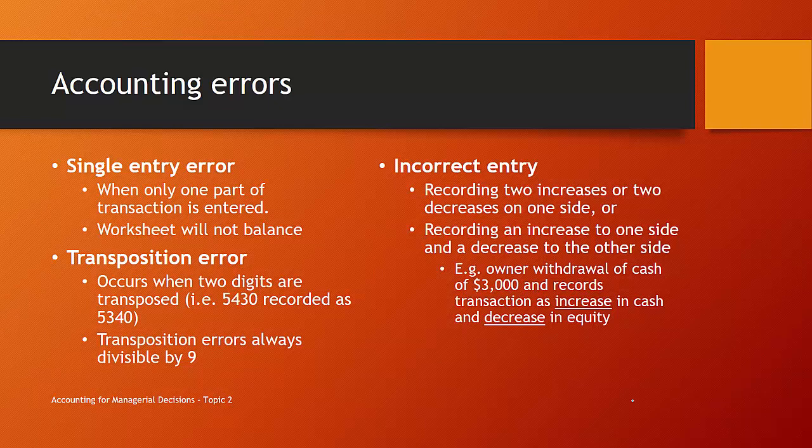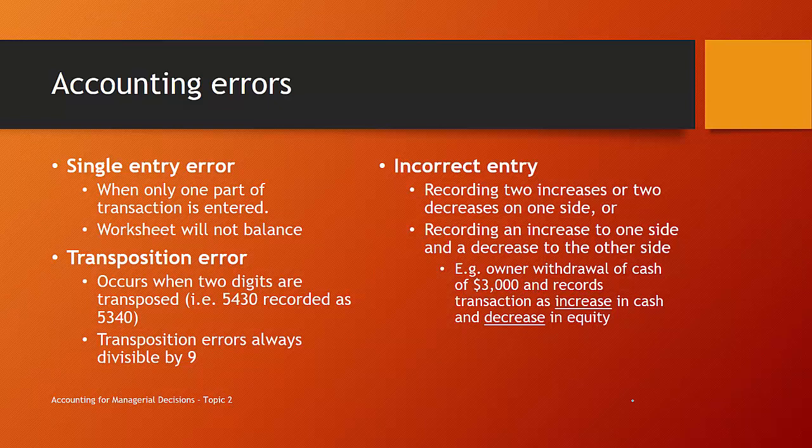Interesting factoid: transposition errors are always divisible by 9. If you don't believe me, go and try it. I certainly spent a little bit of time doing so. Finally, there's incorrect entries. So did you record 2 increases or 2 decreases on the one side?